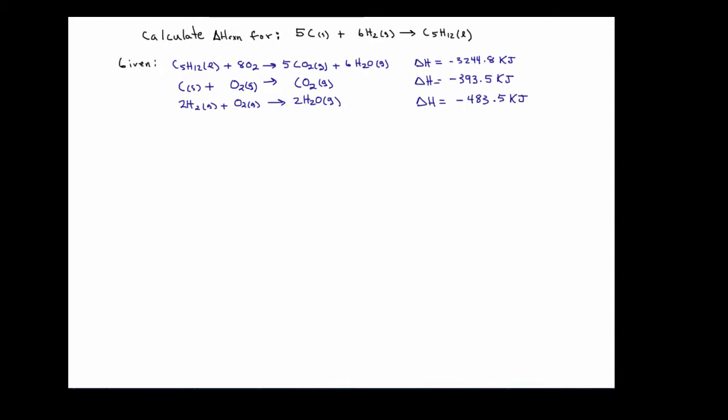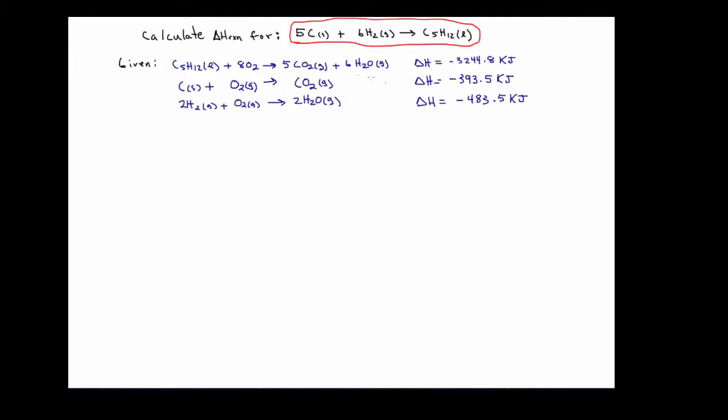Right now, in this example, the goal is to find the delta H for this chemical reaction here, given the following, they call it thermochemical data. So we've got three balanced chemical equations, for which we have a delta H given, correlating to each of those reactions.